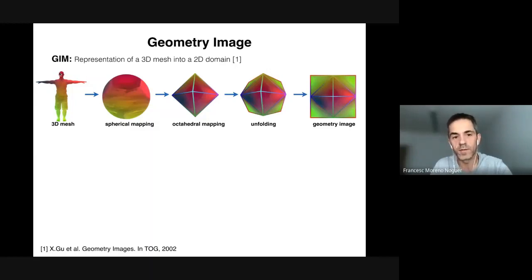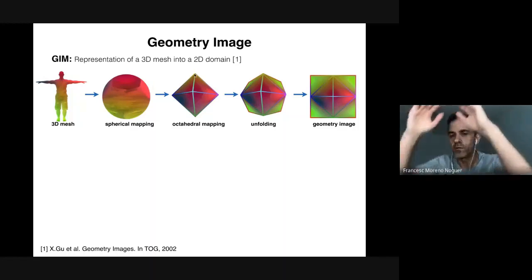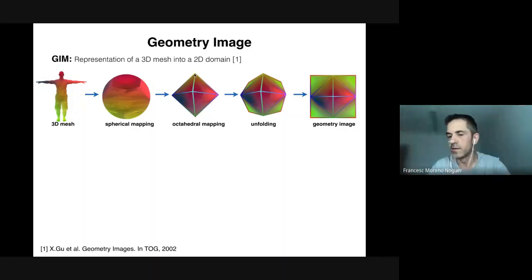So first, we take our 3D mesh and map it to a sphere. This is an optimization process that maps every vertex of this mesh on top of the sphere. Then this sphere is mapped onto an octahedron, all right? And now imagine that you cut the octahedron from the back and you unfold it. If you do this, you can finally transform this initial 3D mesh to a 2D domain.